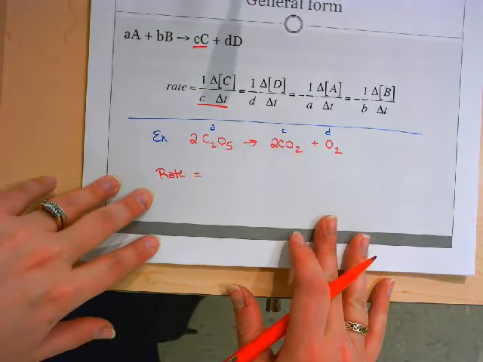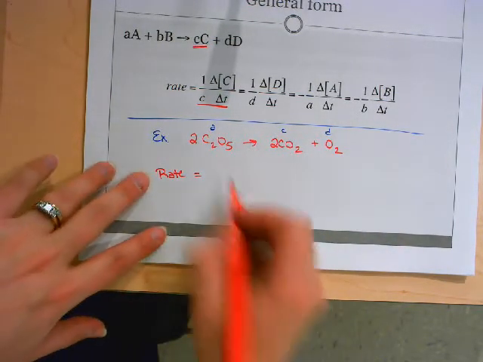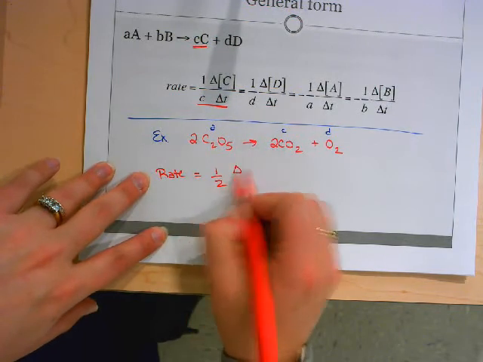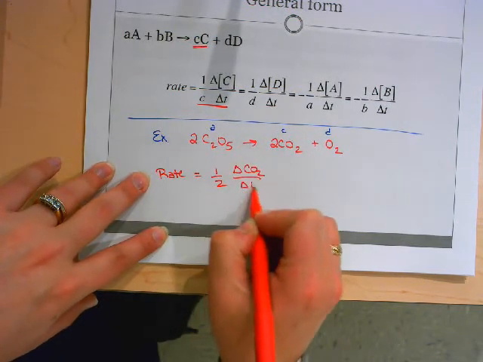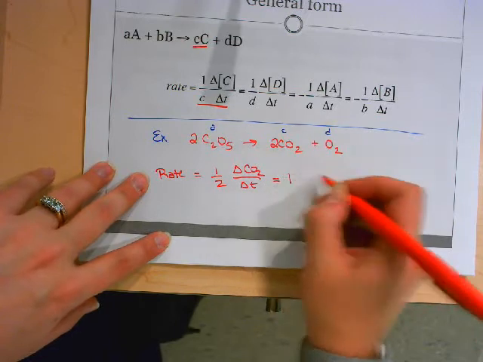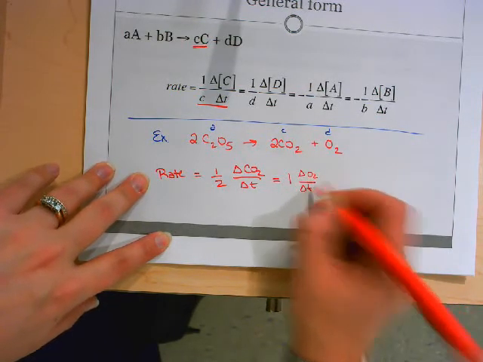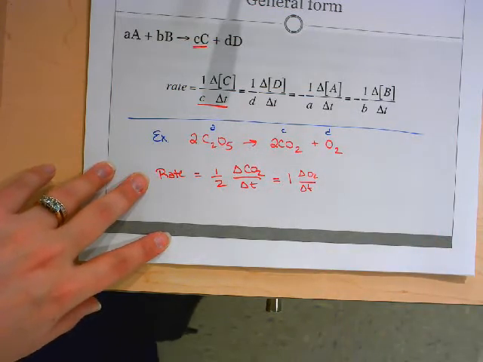What should the fraction be for the carbon dioxide? 1/2 delta CO2 over delta T. What should the fraction be for the oxygen? Just 1, no fraction, just 1. Sometimes it's easier if you put the 1 in, even though it's 1, just to make sure you've done all the other fractions correctly.